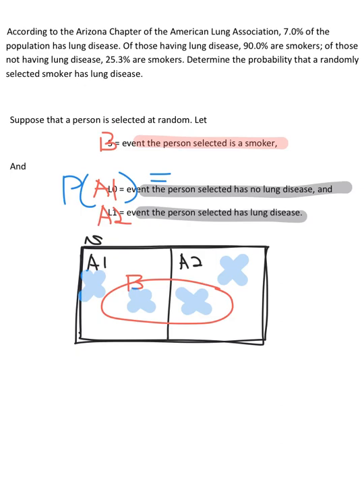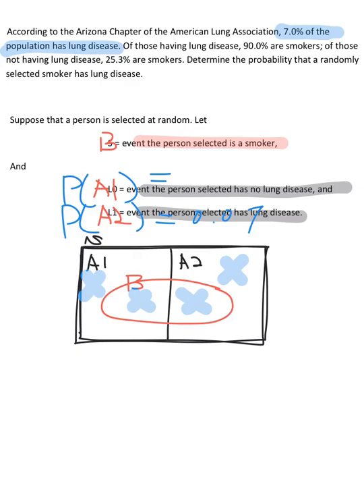Just a second. Who was this? 7%. It is the percentages who has the lung disease. So actually the 7% is the probability of A2. Am I correct? That is 0.02.